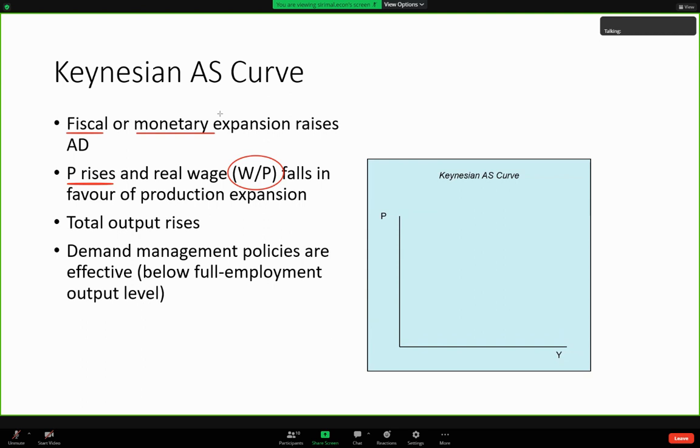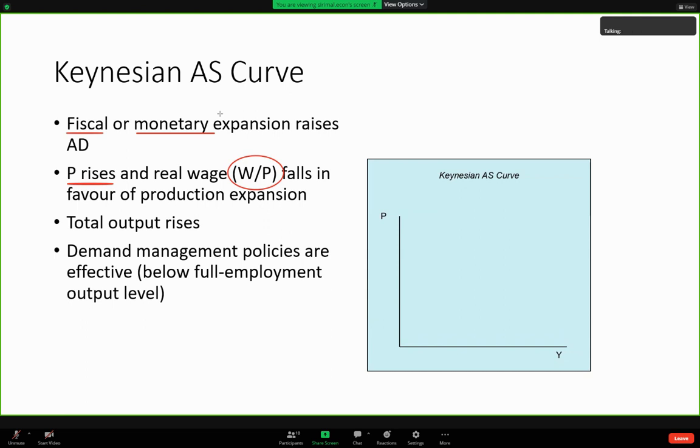It is an incentive to the producers, because the real wages that the companies pay have gone down.